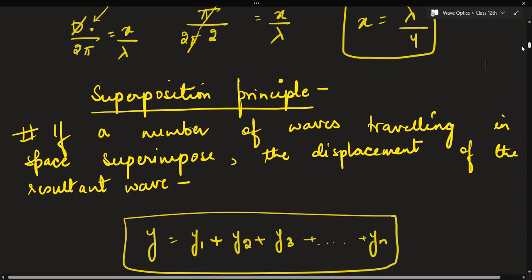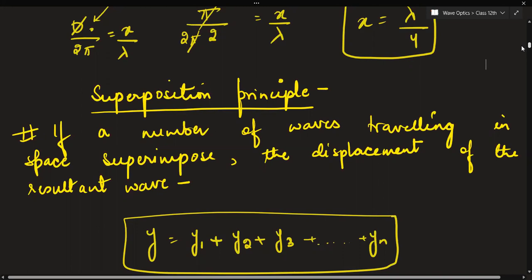Two sources are there, two sources emit two waves, and both the waves have the same frequency, same wavelength, but a constant phase difference between them. That is known as coherent. And the sources that produce such waves are known as coherent sources.